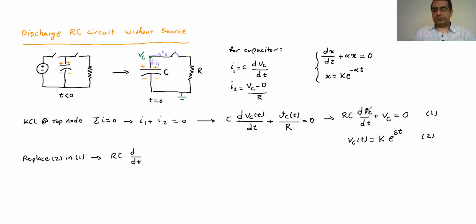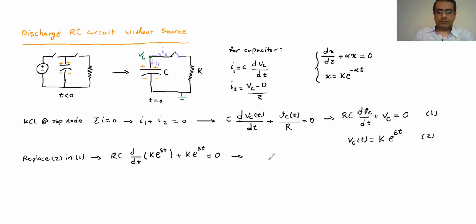So instead of VC, I'm going to put this value, K e^(St), plus, again, instead of VC, I'm going to replace it with that. So it's going to be K e to the power of ST, should be 0. So this is the equation I have.